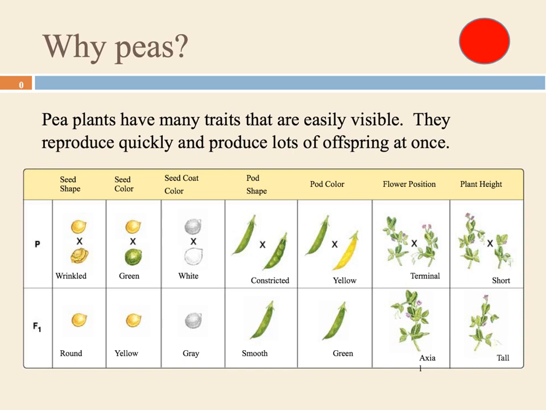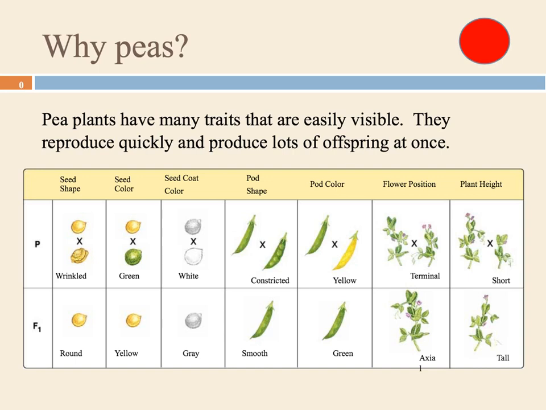So if he wanted to cross a tall plant with a short plant, he would remove the male part from both flowers, and he would take the anther, which is the male part of the flower that contains pollen, which is basically the gamete for plants, and he would dust that onto the female part, which was the pistil, and then he would control what flowers were able to be crossed with one another.